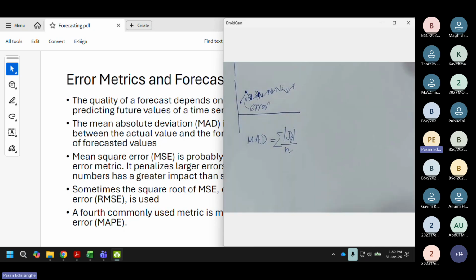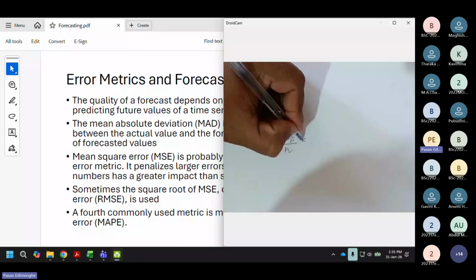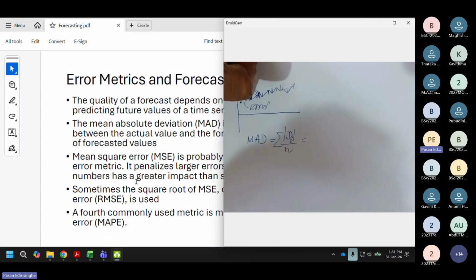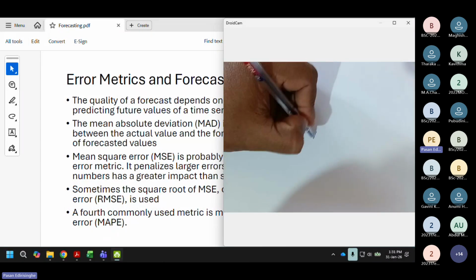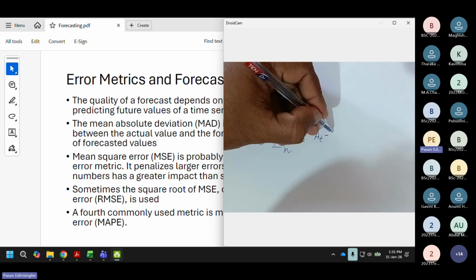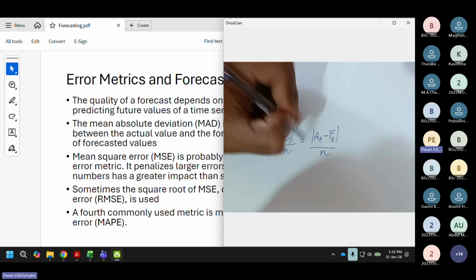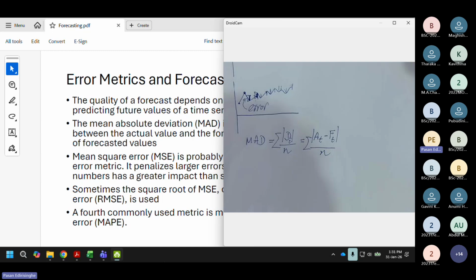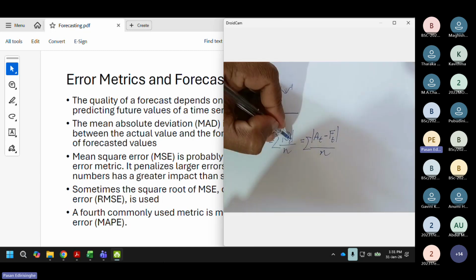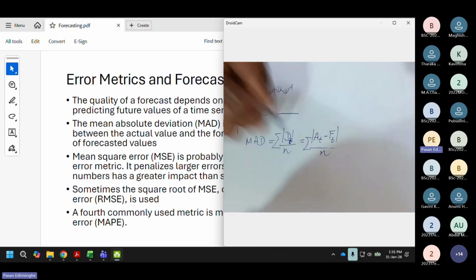The deviation is defined using the actual value and the forecasted value, right? So it is the actual minus the forecasted, divide by n and taking the summation. I can put d here as well, right?